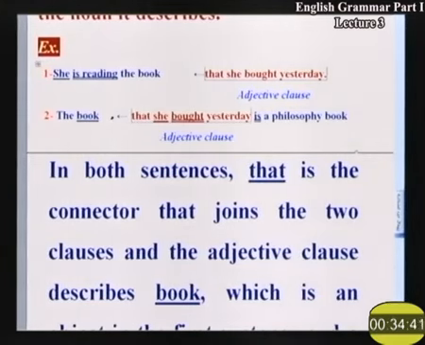وزي ما قلنا في الأول خالص يمكن في أول محاضرة إن there is a main part in the sentence.